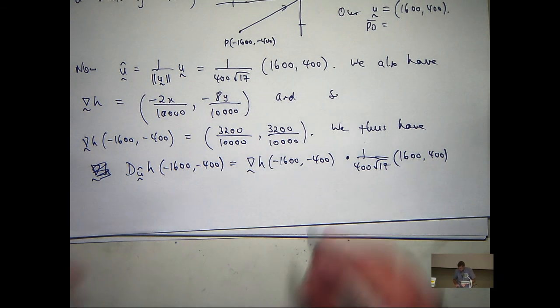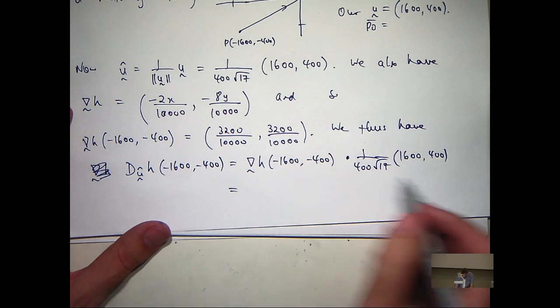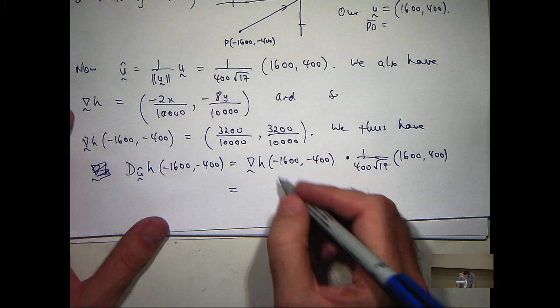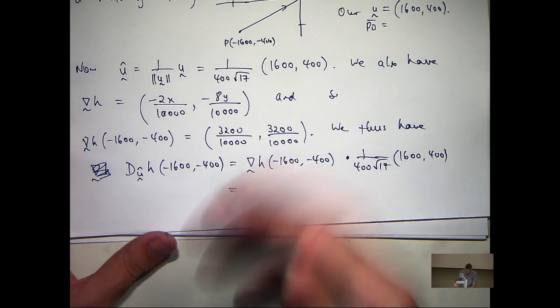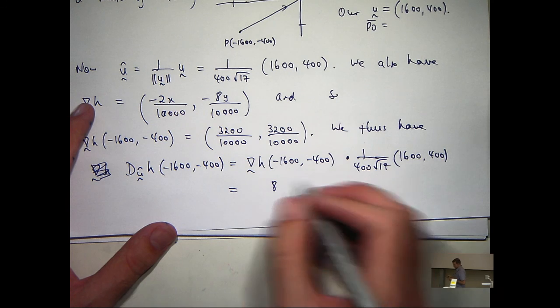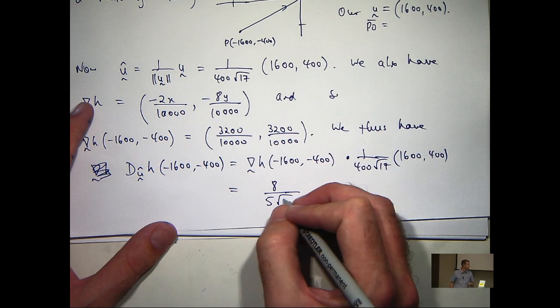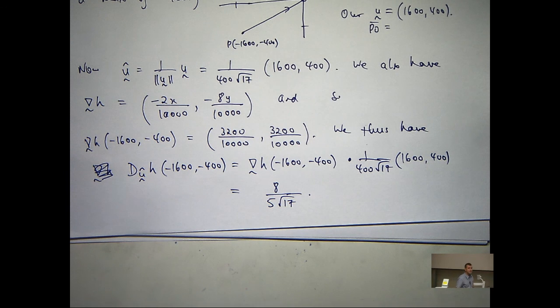Okay, so if we work this all out, just basically replacing this with this and simplifying, that root 17 is going to stay there, but you should get the following. So that is the slope of the mountain, that value, 8 on 5 root 17. That's the slope of the mountain at P in the direction of the peak.